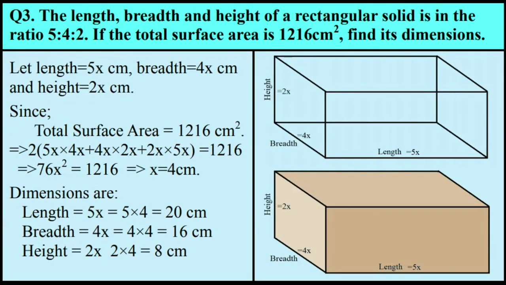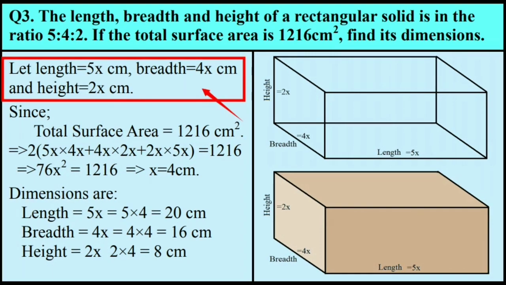Next question, question number 3. The length, breadth and height of a rectangular solid are in the ratio 5:4:2. If the total surface area is 1216 centimeters square, find its dimensions.